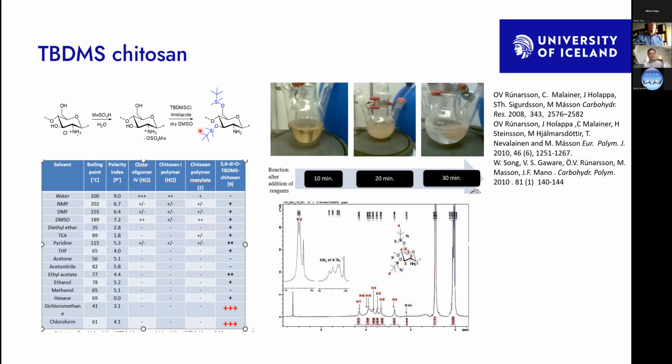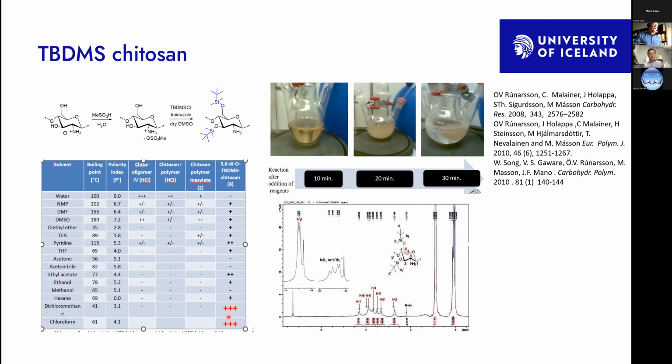This is a method we introduced ourselves. It's quite simple to make the selective protection of the OH group from chitosan with this method, where the product separates out from the solution in 30 minutes, and you can confirm by NMR that there is full protection of the OH group, and then you can have very selective reaction on the amino group.